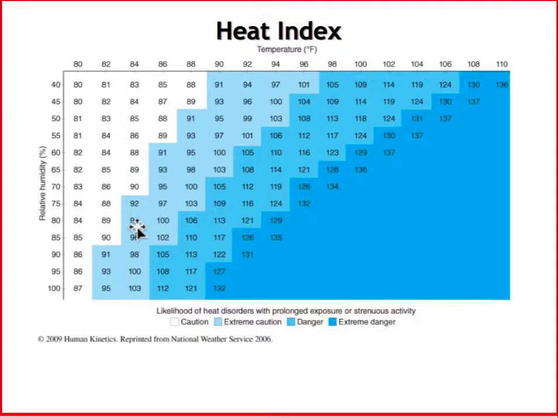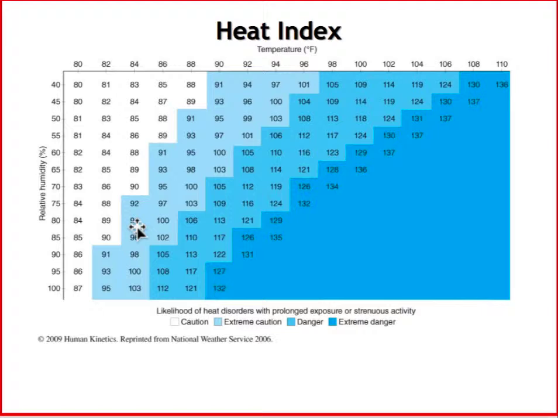But research, and I think this research was in soldiers in Iraq potentially, but I can look it up if you'd like, showed that of the people with heat stroke, only about 25% were hypohydrated.